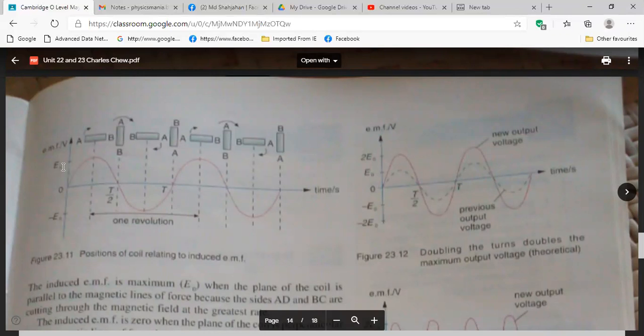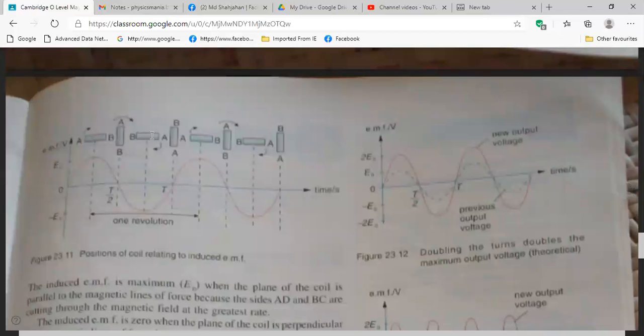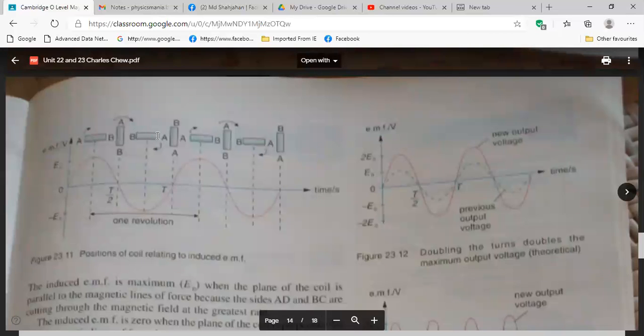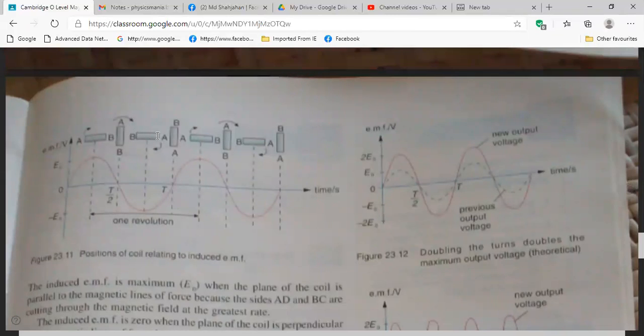And what happens in AB in the vertical position, or in this reverse position? We are going to analyze that one. Already it's in rotation. Clear? Now, when it is AB, we have the clockwise rotation of the coil.